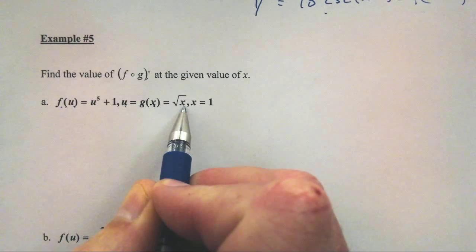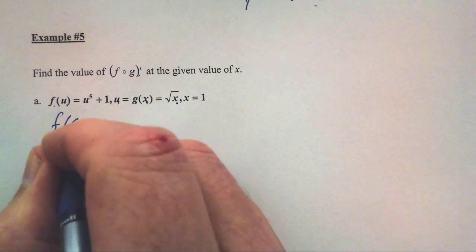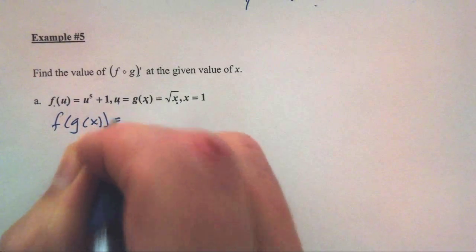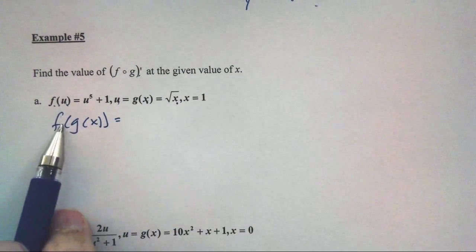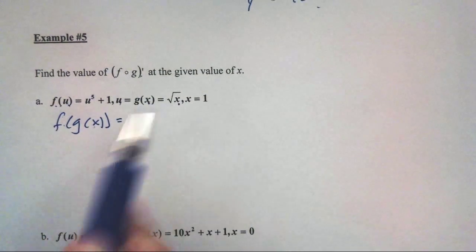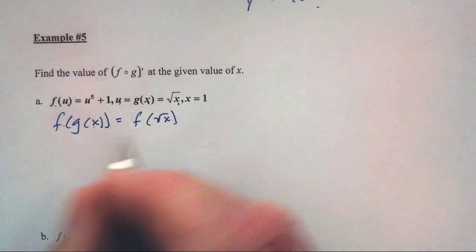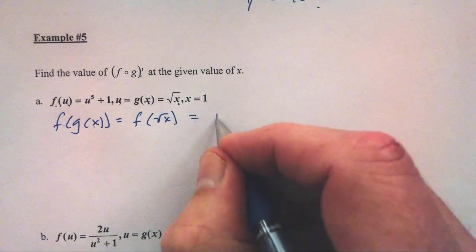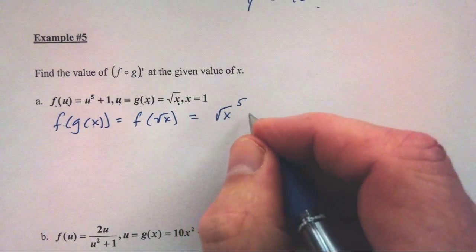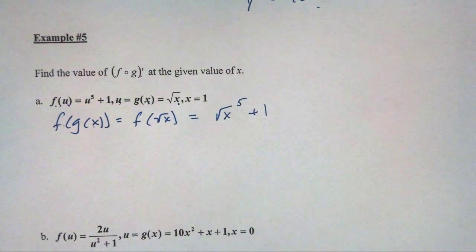So f of u is just f of g, and f of g is f of square root of x, and f of square root of x is square root of x to the 5th plus 1.